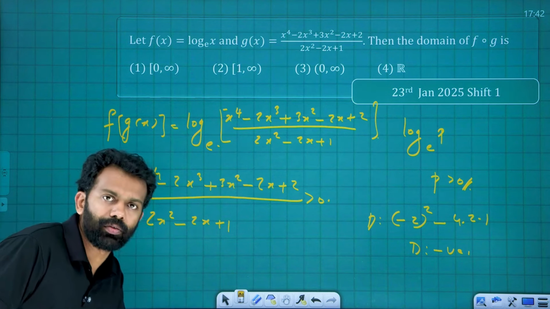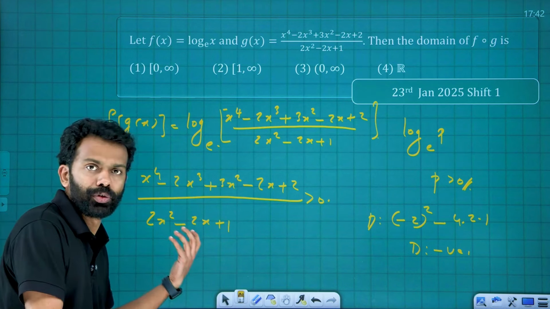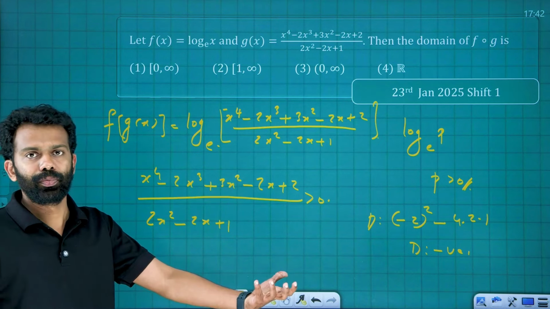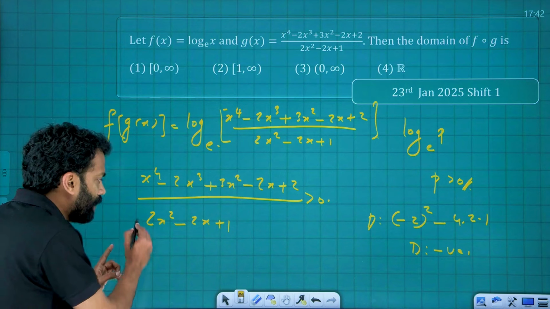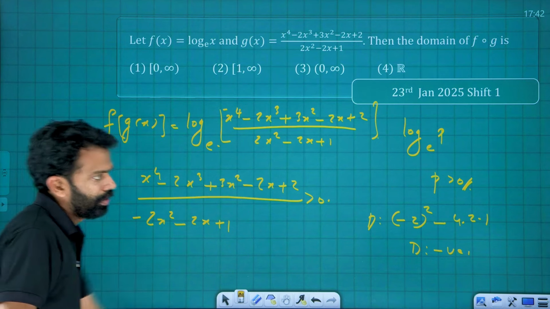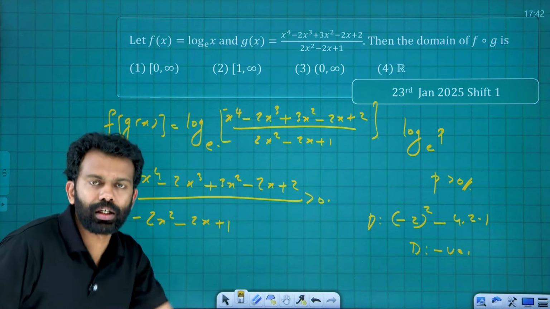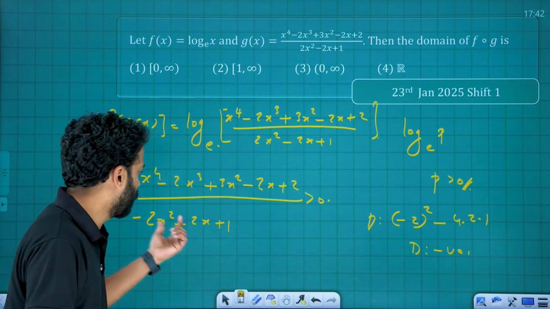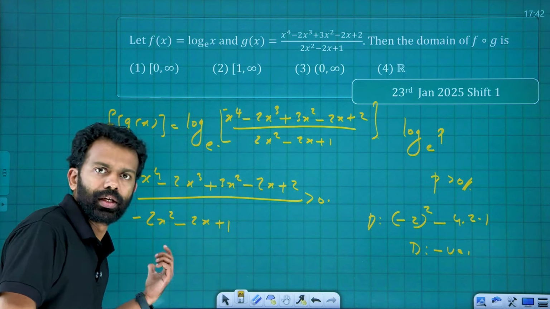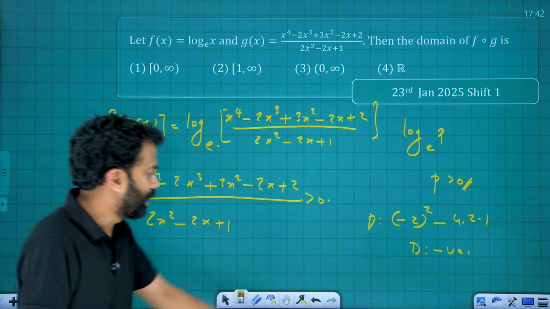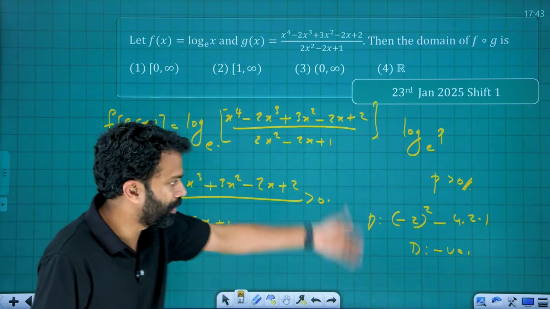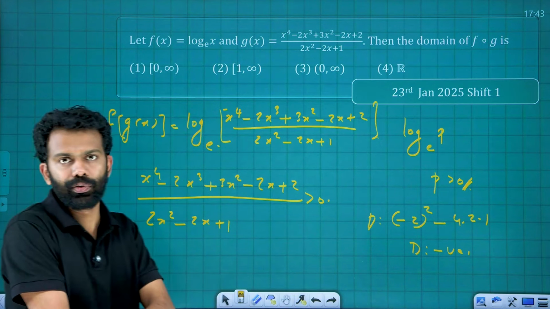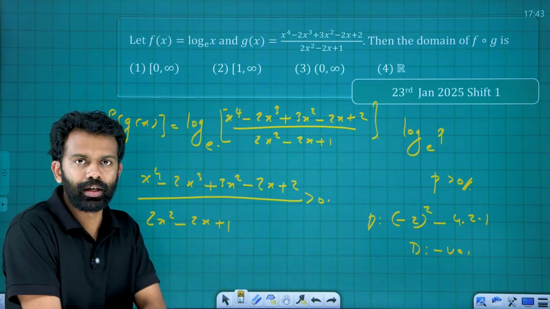So whatever value of x you substitute here, you will get a positive value. And if it were negative, then whatever value of x you substitute, you would get a negative value. That is the nature of roots of a quadratic equation. I hope you got the idea here.